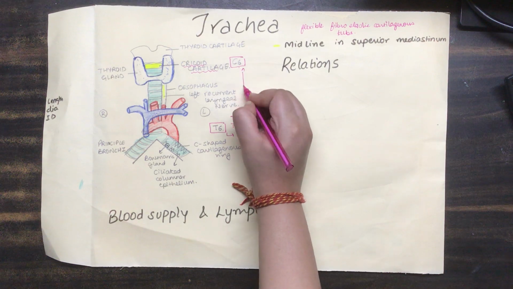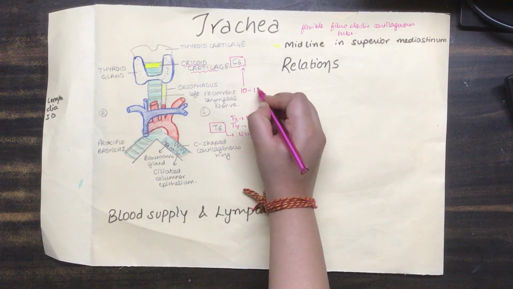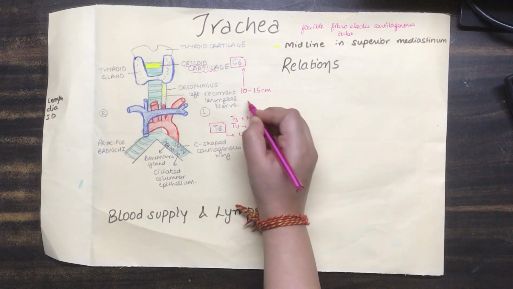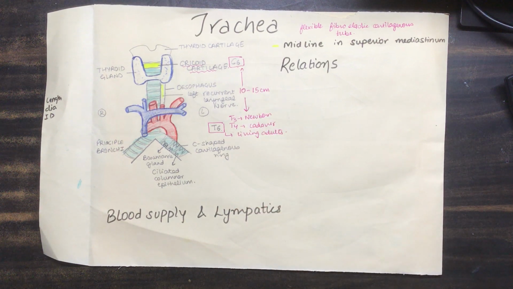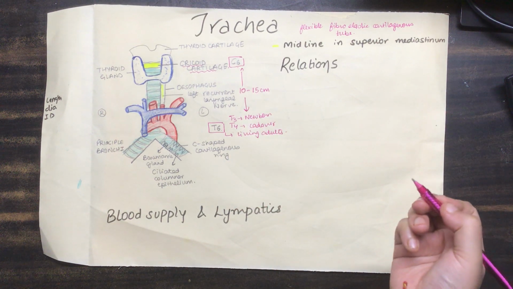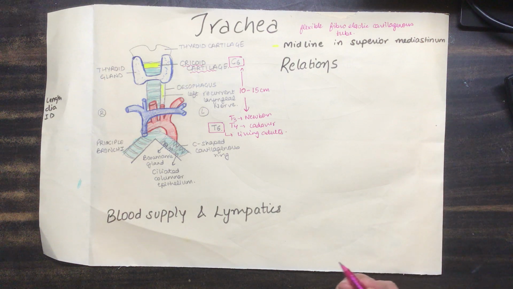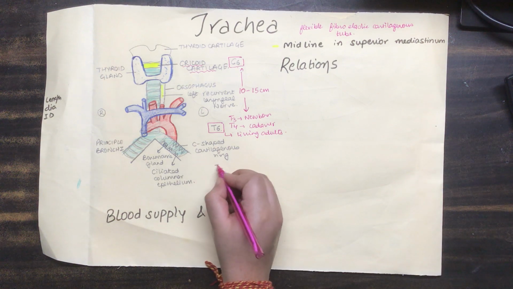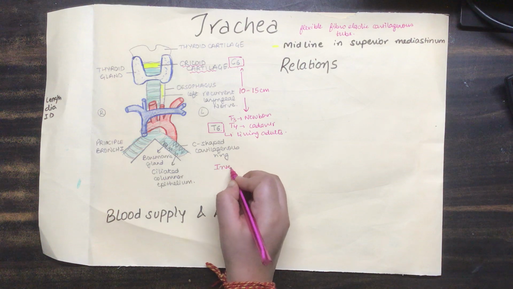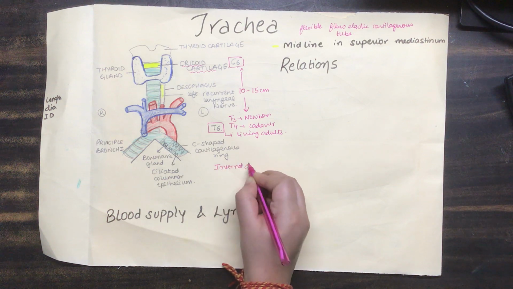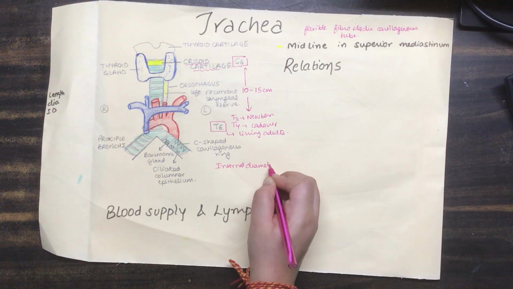And in this extent of C6 to T6 vertebra, the length of the trachea is 10 to 15 centimeters. We also have something called the internal diameter. So one thing is the internal diameter, and we also have the external diameter.